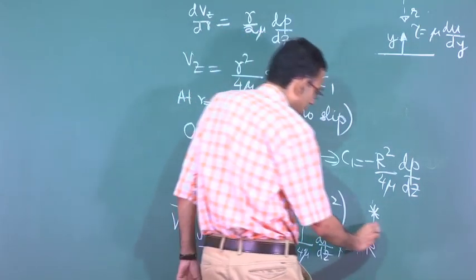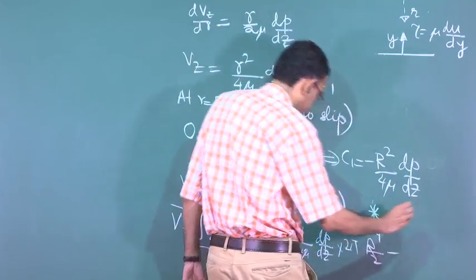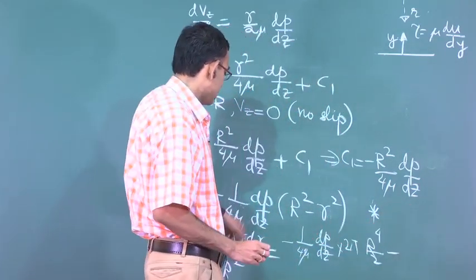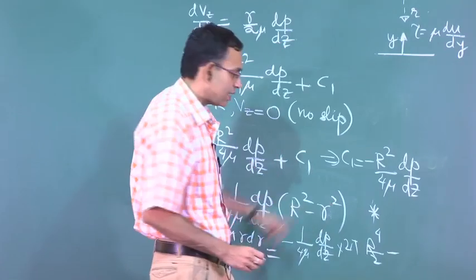So, this becomes r 4 by 2 minus this is r cube dr, that is r 4 by 4.